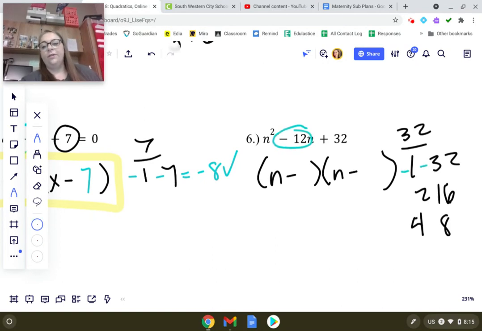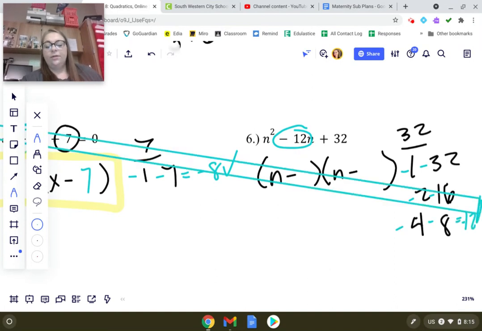If they're both negative, 1 and 32 are not going to give me negative 12. Negative 2 and negative 16, not going to give me 12. But 4 and 8 will get me negative 12. So let's type in a 4 here and an 8 here, and that is my final answer.